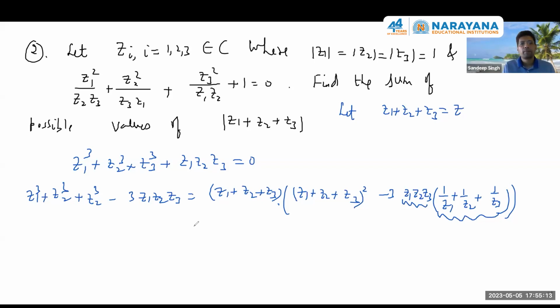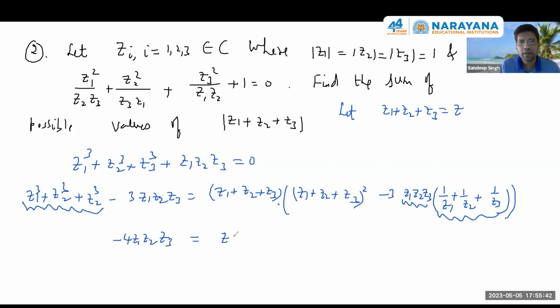So this is equal to how much? And what is the value of z1 cube plus z2 cube plus z3 cube? See, from here it is minus z1 z2 z3. So I am replacing this with minus 4 z1 z2 z3. Getting this? So now how much will it come to?